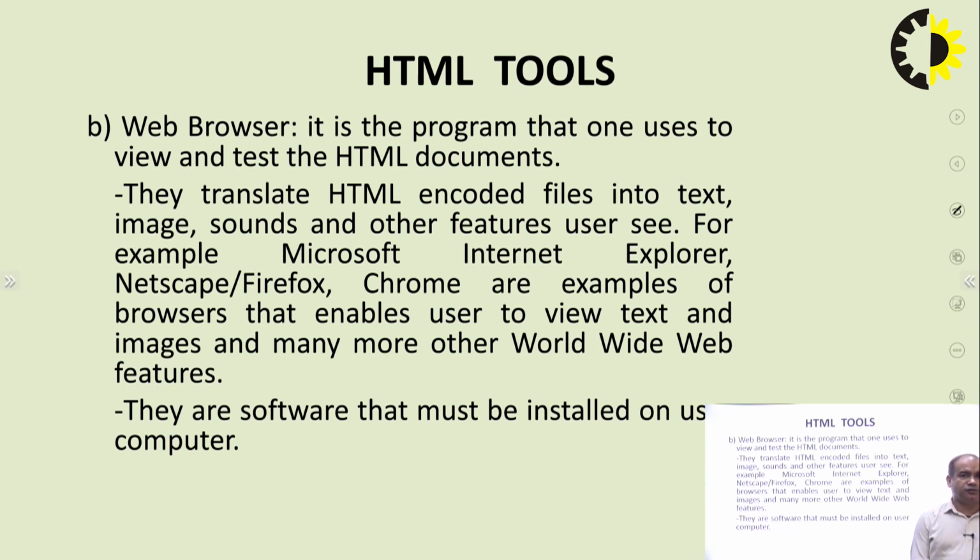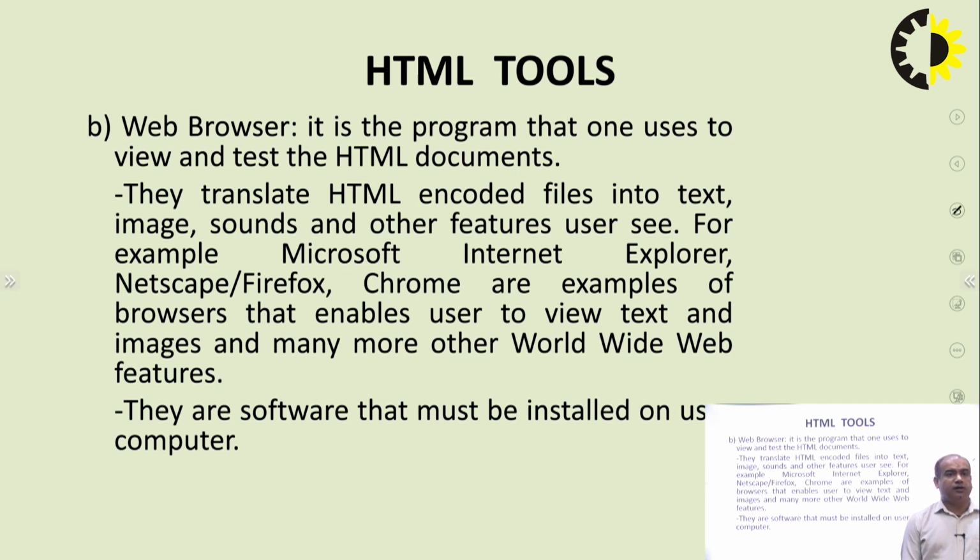Next, to visualize or display the HTML document, we need a web browser. A web browser is a program that one uses to view and test the HTML document, that translates the HTML code files into text, images, sound and other features users see.